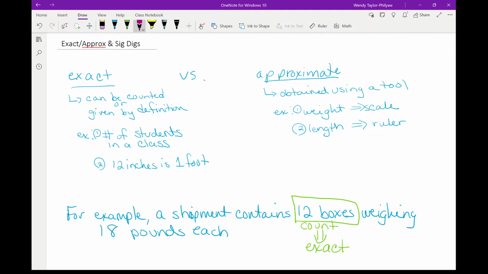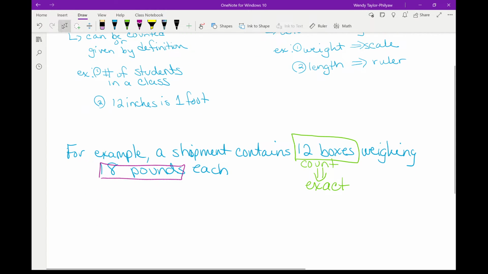On the other hand, if we look at the fact that they weigh 18 pounds each, I can't count pounds. I have to weigh or measure with some type of scale. So therefore, that would be considered to be an approximate number. Okay. That's the difference in those.